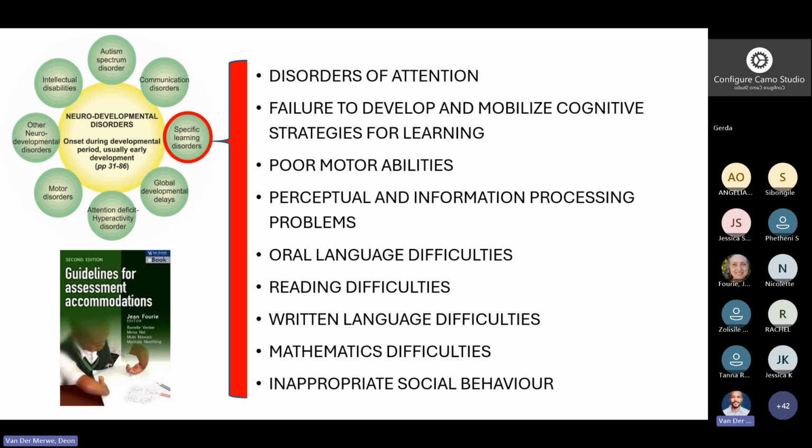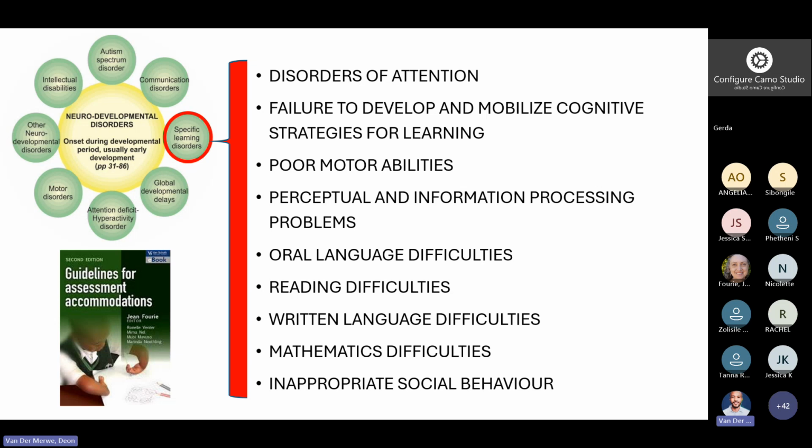And then we have perceptual issues, and this is where a child might have difficulty distinguishing between sounds or visual cues, and trouble with things like sequencing. And then language problems as well, where a learner might have trouble listening, or speaking, or even understanding vocabulary.